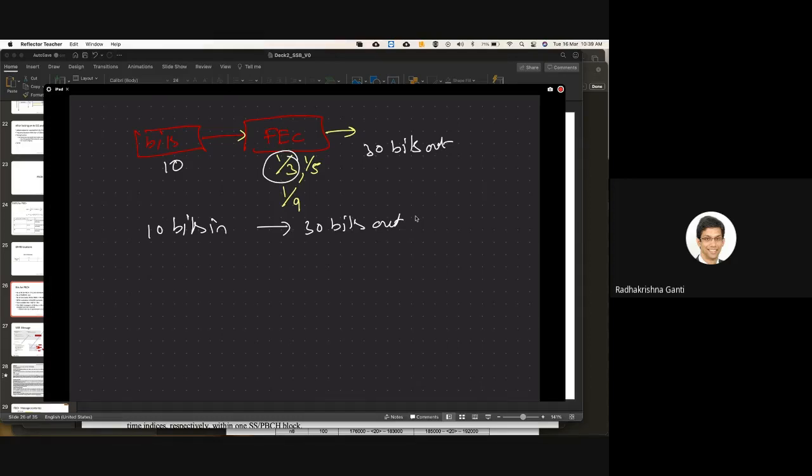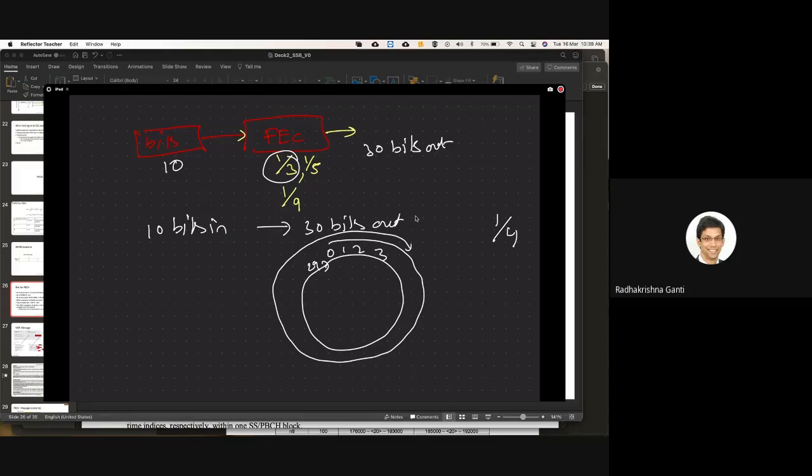But suppose by some MCS table you chose rate 1/4, so you want 40 bits. What you do is put these 30 bits, bit 0 to bit 29, in a circular buffer, then start reading, go back and circle around until you read 40 bits. This is called rate matching.